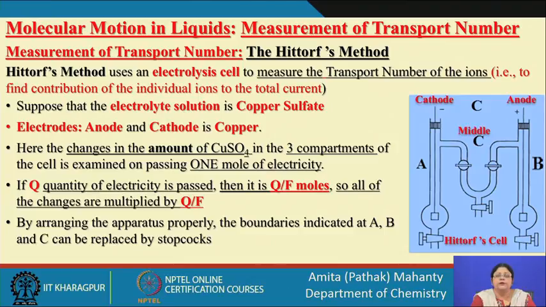Okay. So, Hittorf's method, if you can see, this is the Hittorf cell which we are talking about. In this Hittorf's method, unlike the moving boundary method where you had two types of solution, the lead solution and the indicator solution, and what we had discussed in that class was that two salts, two electrolytes were used.